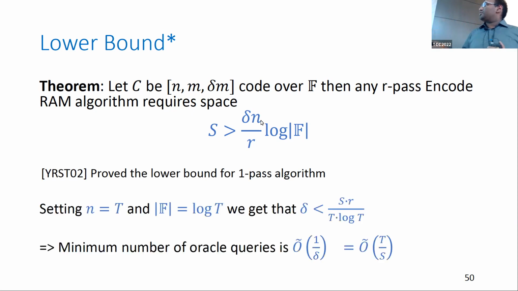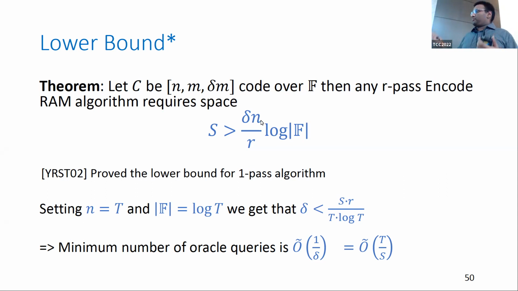Again, we show that for any R-pass encode RAM algorithm, which takes in n symbols, outputs a code of m symbols, and has a distance of delta m, the space required is delta n by R into log f, where delta is the distance factor. Ben-Sasson et al. in 2002 proved the lower bound for a single pass algorithm.